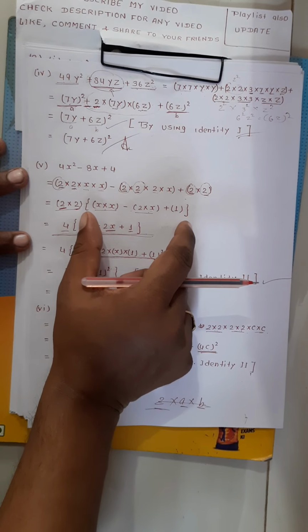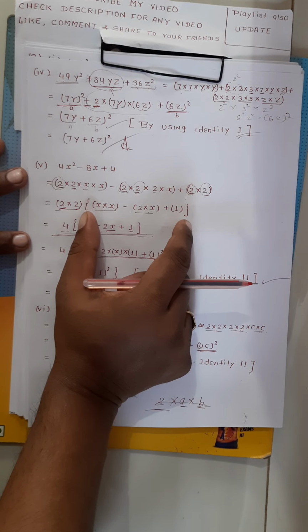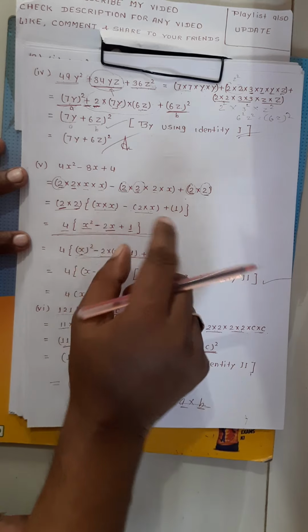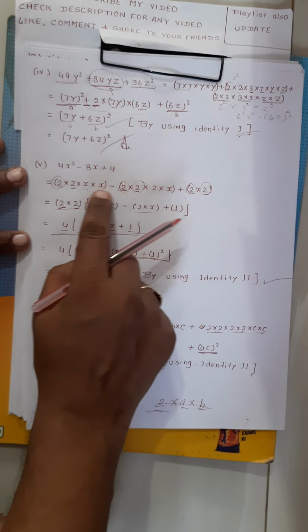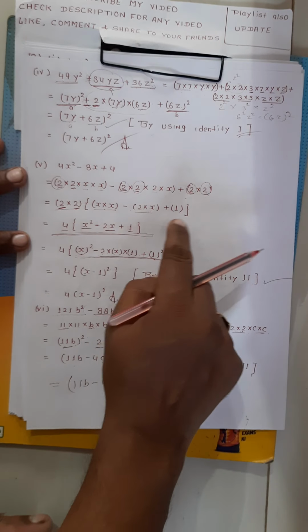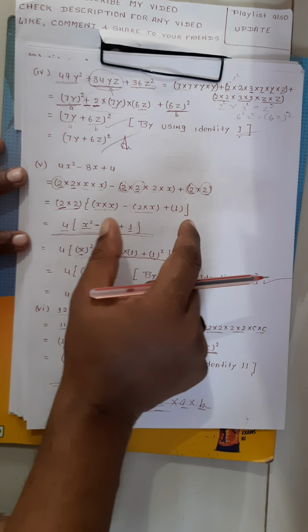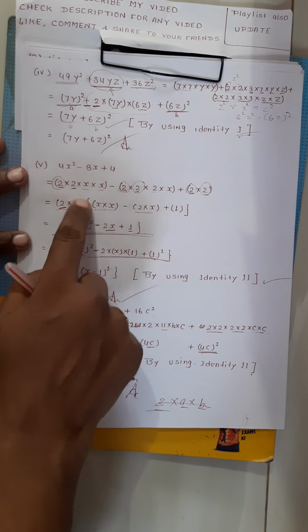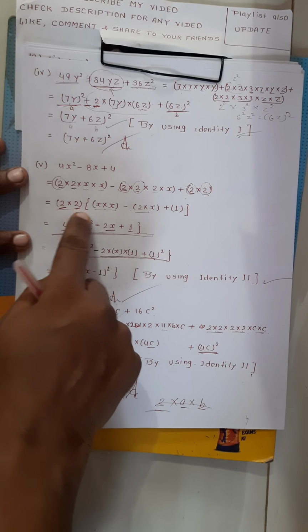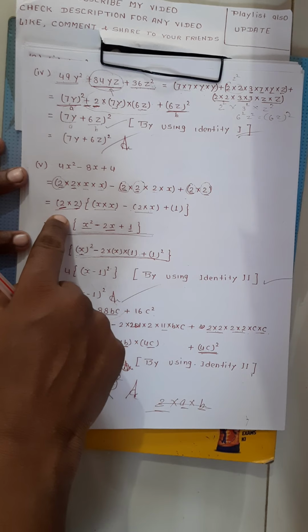We close all these terms with a bracket, because we have taken out 2 into 2 from all terms, and write 2 into 2 outside the bracket.